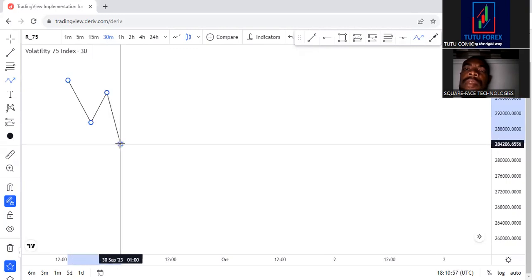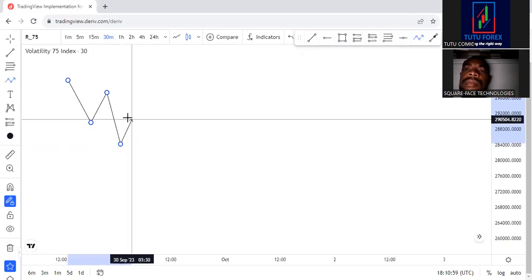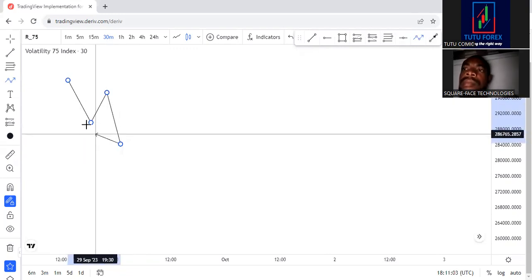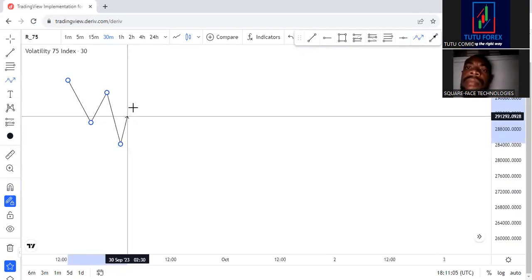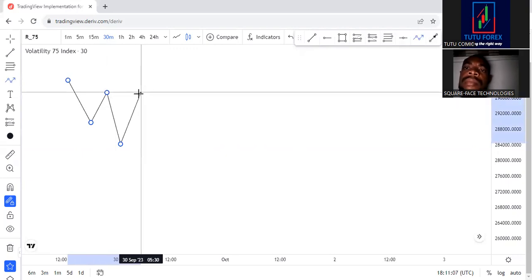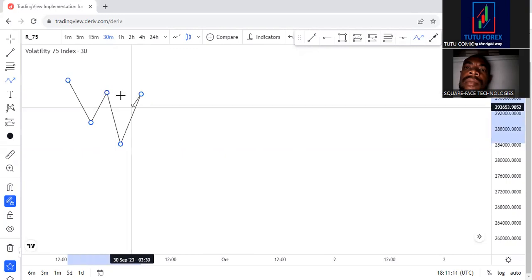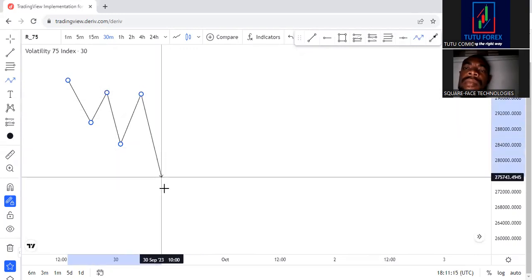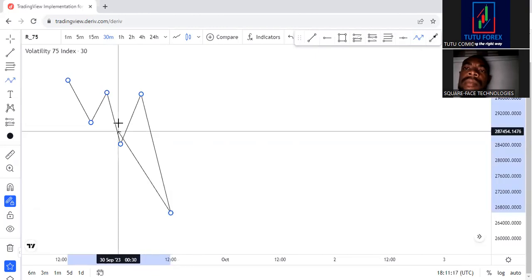Once price has broken that low, you wait for price to pull back into a level, into the most recent high in the market right there, and you wait for price to run.